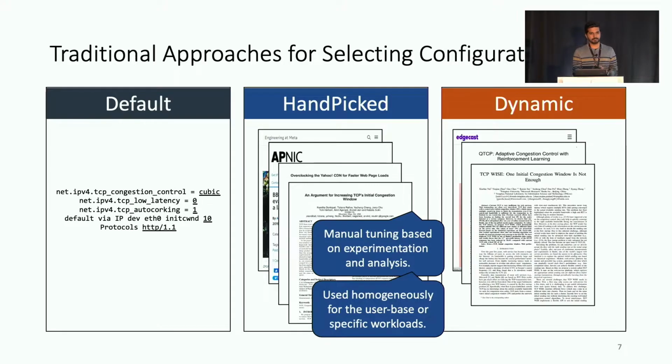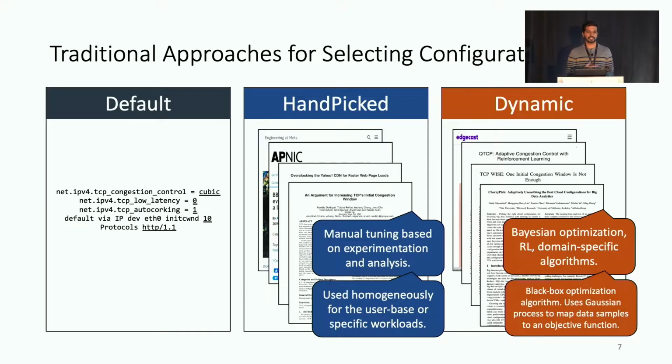In the third case, people build data-driven systems to dynamically tune configuration. In the literature, we see examples of these systems for TCP congestion control, TCP initial congestion window, and for cloud configuration. Typically, algorithms like Bayesian optimization are used to quickly find a good configuration, which is then later exploited for other workloads or connections.